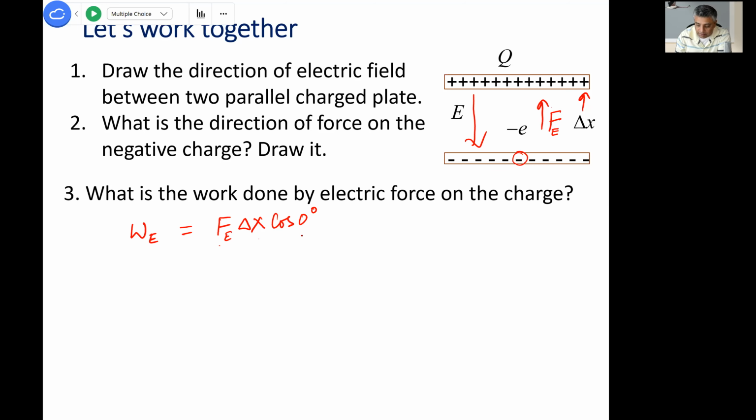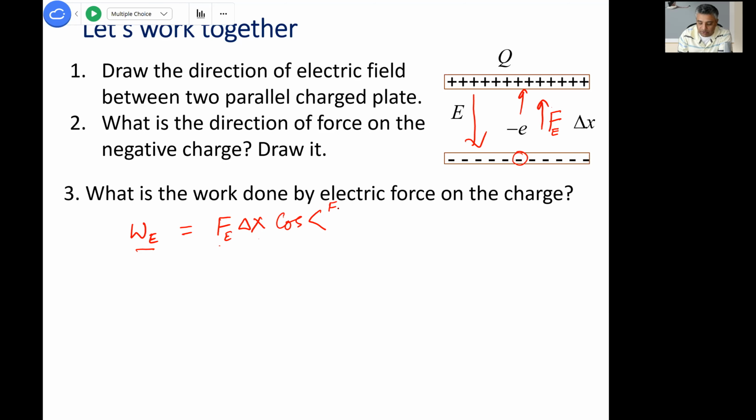I'm sorry, one second. So you base the direction off of the charge, not the electric field? Let's say this thing is moving in this direction, okay? Just like last time I was pushing it. This time I'm not pushing or pulling, so it is free to move. Which way is it going to move? We know it's going to move in that direction, right? To write the work done, I need to write the formula, so let me write down just the cosine and angle here.